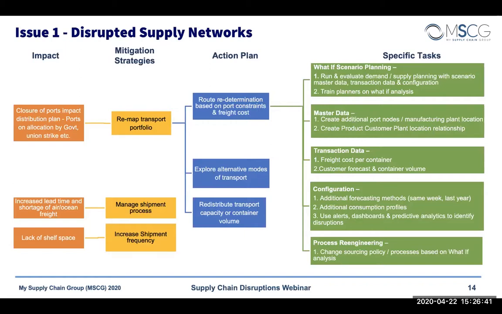So the capability of being able to put in short-term, medium-term, and long-term action plans and tasks that support that action plan is important, because as Dan mentioned, we don't know how long this is going to last.